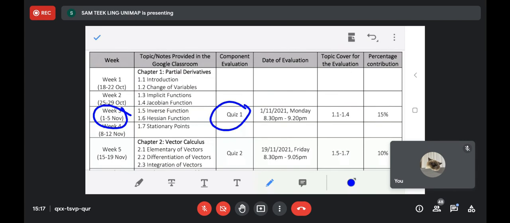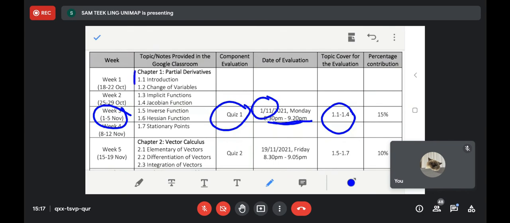Then Monday, I gave you the time already. If not changed, we will use the same one, 50 minutes. If it changes, I will let you know. It involves subtopics 1.1 until 1.4.